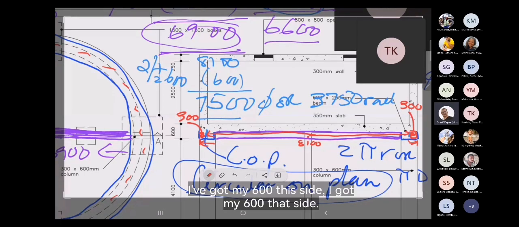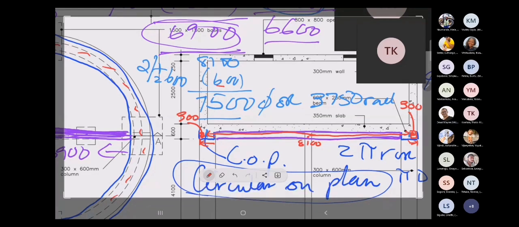I've got my 600 this side, I've got my 600 that side. So to take off 2, I need to take off 600, meaning that my diameter then becomes from there to there, 7,500. Or, if you want to work from there, becomes 3,750.